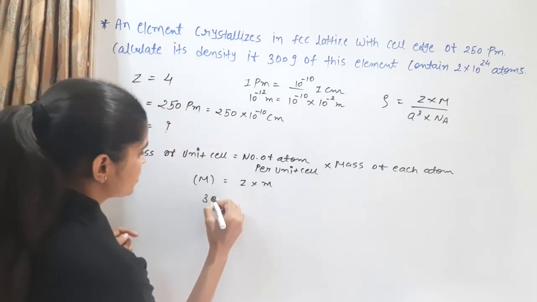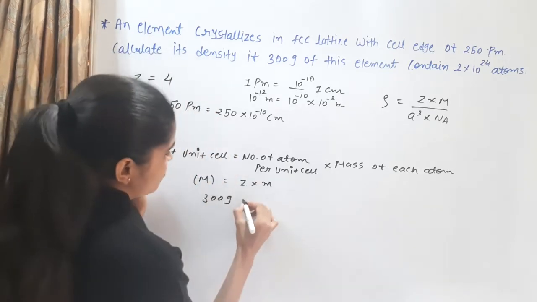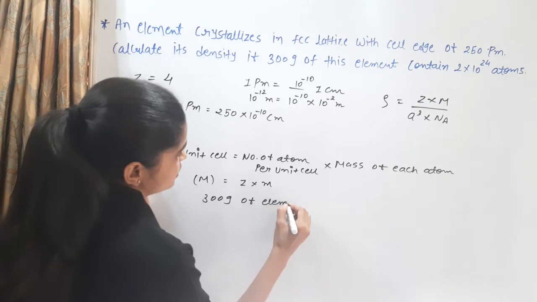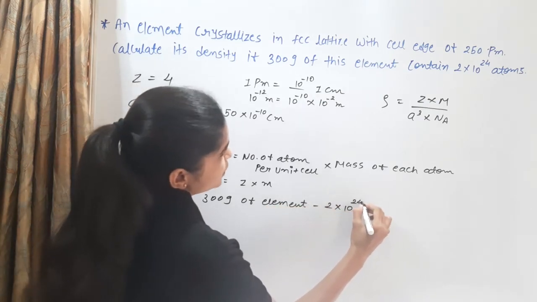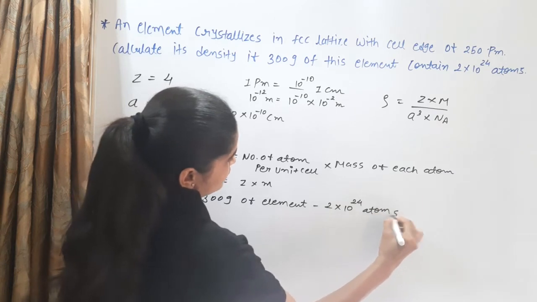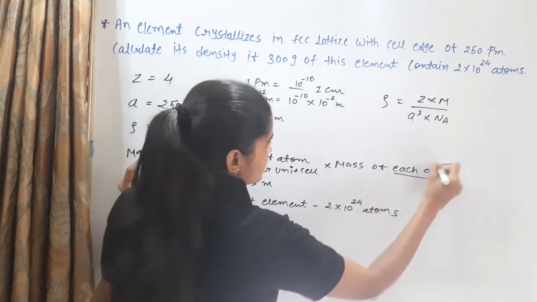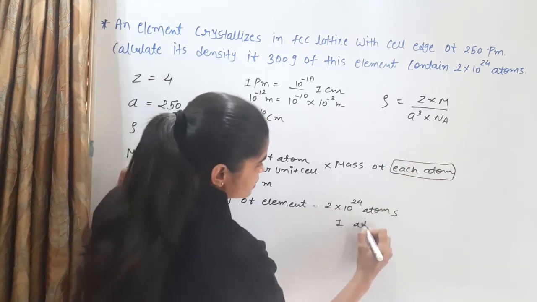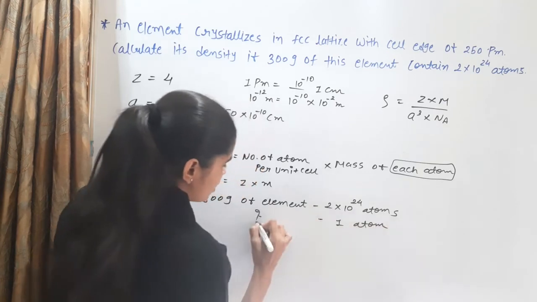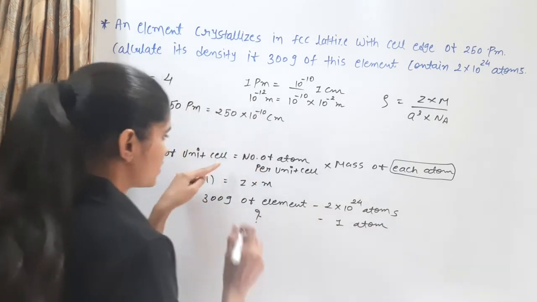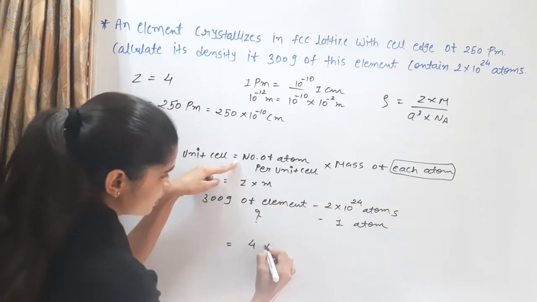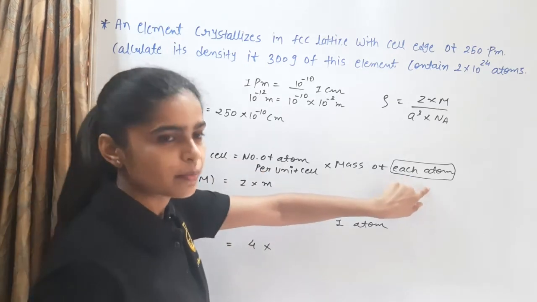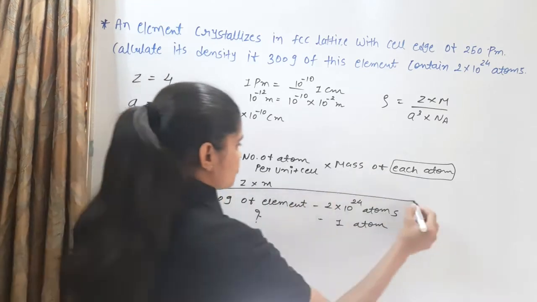So 300 gram of element contains 2 into 10 raised to 24 atoms. This gives the mass of each atom: how much mass does 1 atom contain? Number of atoms per unit cell is 4 into the mass of each atom.